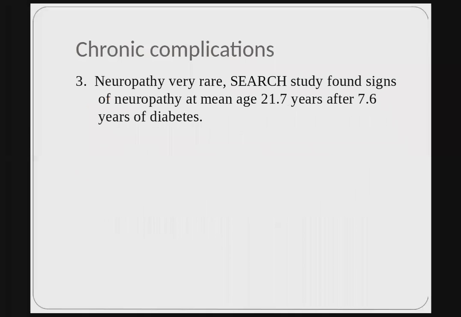While the other thing is affectation of the neurons, which may present with neuropathy. Though it's very rare, one study found signs of neuropathy at mean age of 21.7 years after 7.6 years of diabetes. So the onus is on one to do a neurologic examination once they come. We want to assess for sensation, light and deep.